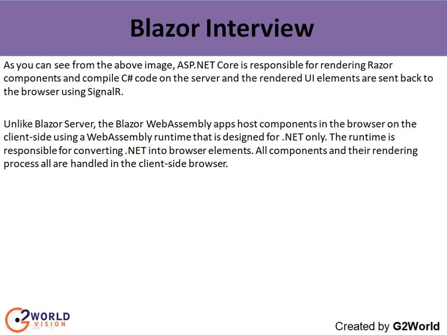Unlike Blazor Server, the Blazor WebAssembly app hosts components in the browser on the client side using a WebAssembly runtime that is designed for .NET only. The runtime is responsible for converting .NET into browser elements. All components and the rendering process are handled in the client-side browser.